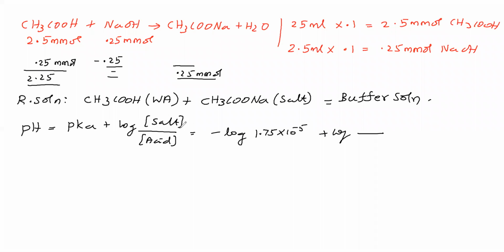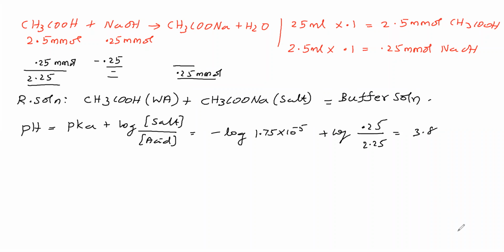So for salt, we substitute 0.25 millimoles. Then for acid, we substitute the moles after the reaction, 2.25 millimoles. Simplifying, we get pH of 3.8.